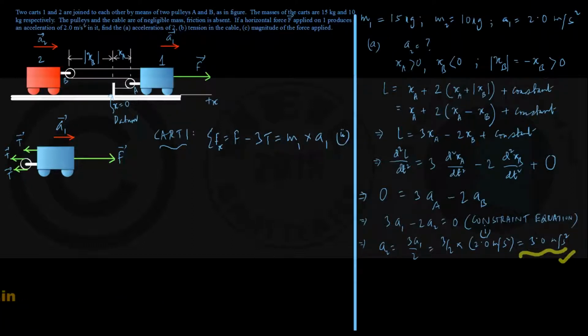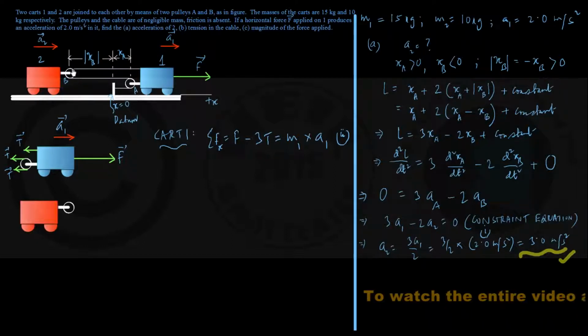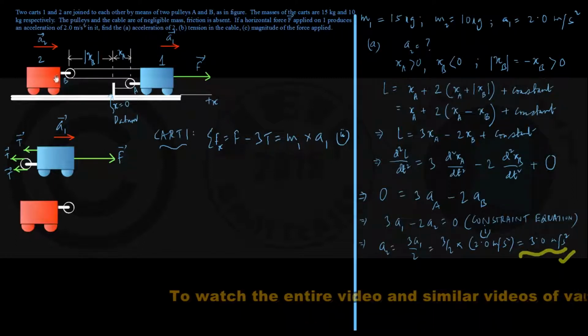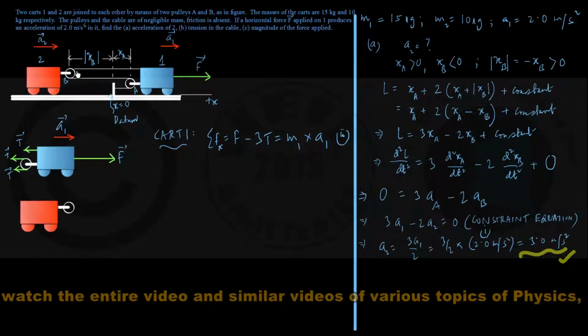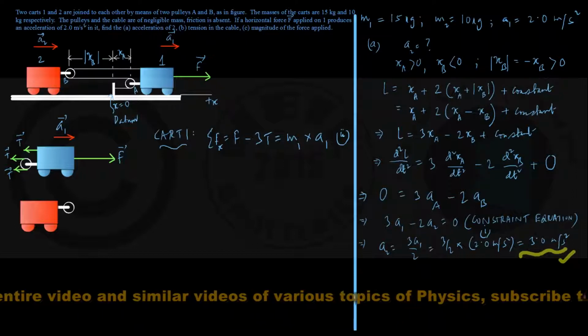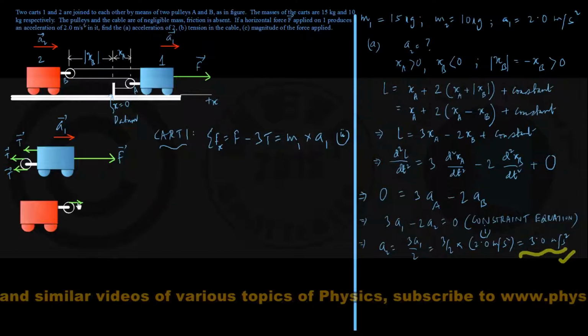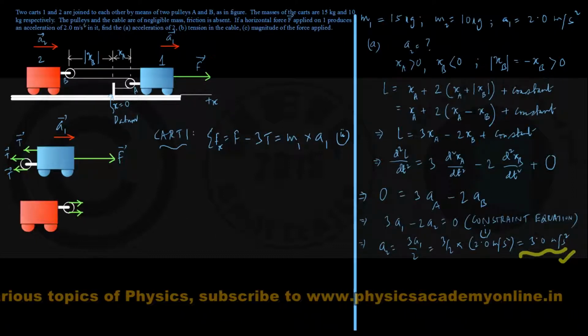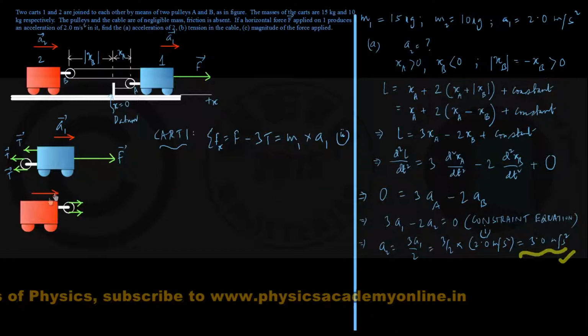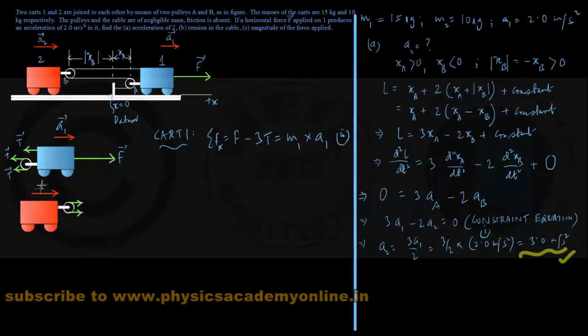Similarly, I am going to draw the FBD for the cart 2, and this is the cart 2, and as you can see, the cable running over this pulley B is applying a tension force to the right at the topmost and bottommost point of this pulley B, but pulley B being attached to this cart 2, in effect this is also the force of tension exerted by the cable on the cart 2, and therefore I show here these two forces of tension acting on cart 2, and under these forces the acceleration of cart 2 is assumed to be a2, right?